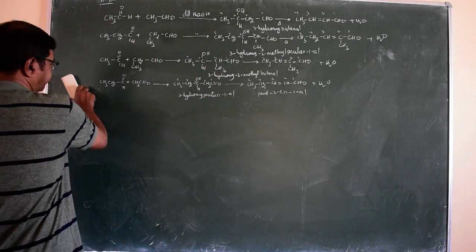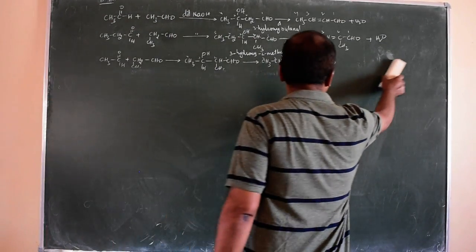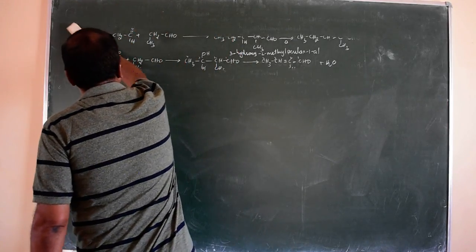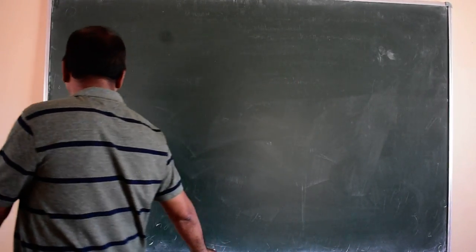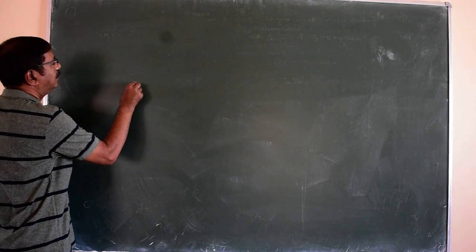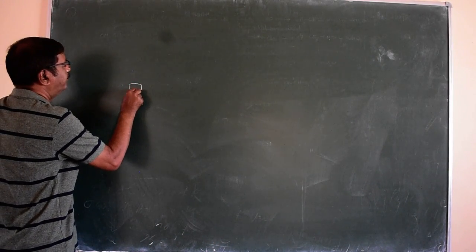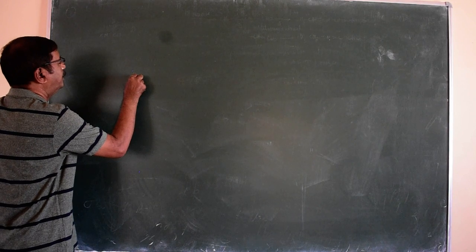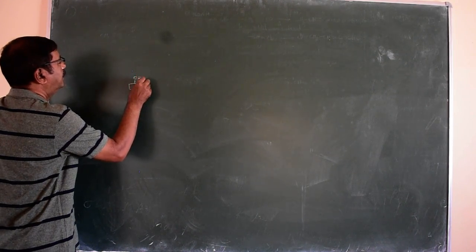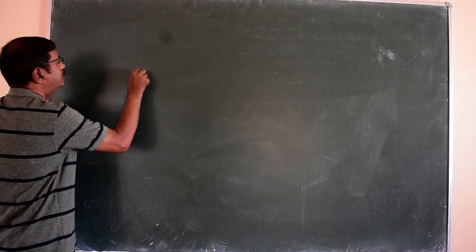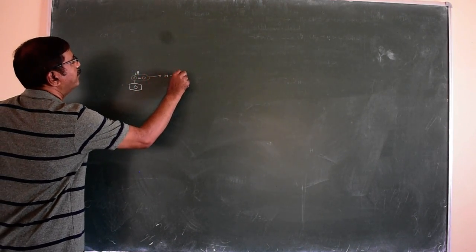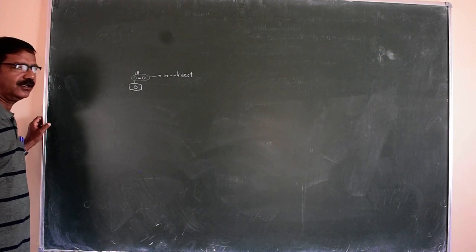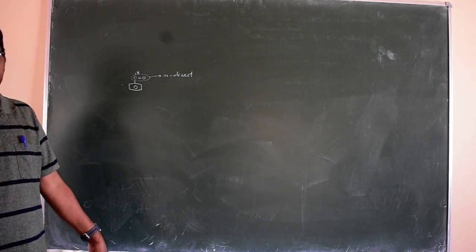Then you studied the electrophilic substitution reaction of benzaldehyde. We know the carbonyl group, C double bond O, whether aldehydic or ketonic, is a meta-directing, deactivating group.